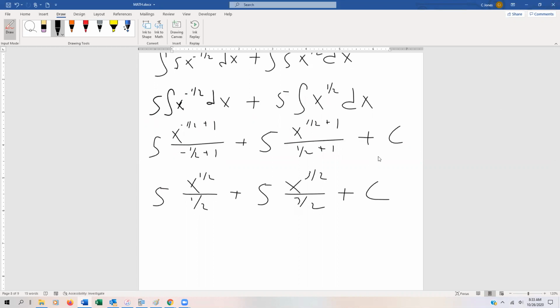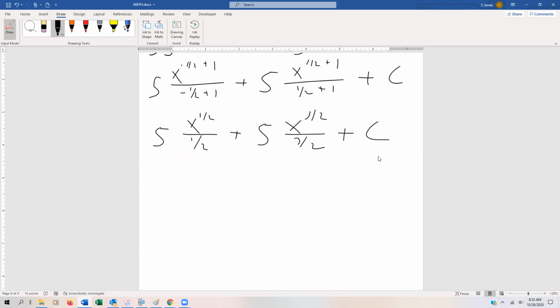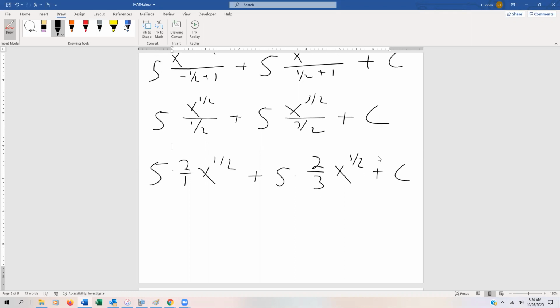All right, now to simplify this, there's a few things you'd have to do. Remember, when you divide by a fraction, you're really multiplying by the reciprocal. Okay, so we're going to multiply both of these to clean them up a little bit by 2 over 1, which is the reciprocal of 1/2, and 2 over 3, which is the reciprocal of 3/2. Okay. And then finally, we can write this one of a few ways.